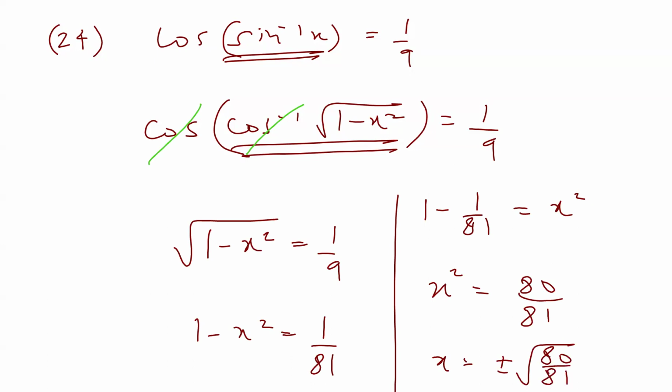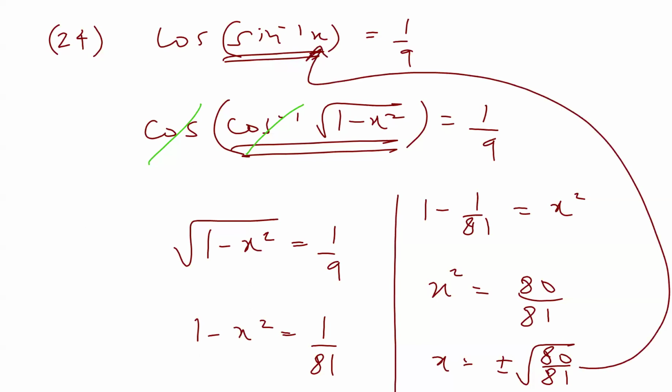Here both values are valid, because if you put this value over here, if x is positive, sine of positive is positive, and if it is minus root 80 upon 81, sine of negative is negative.